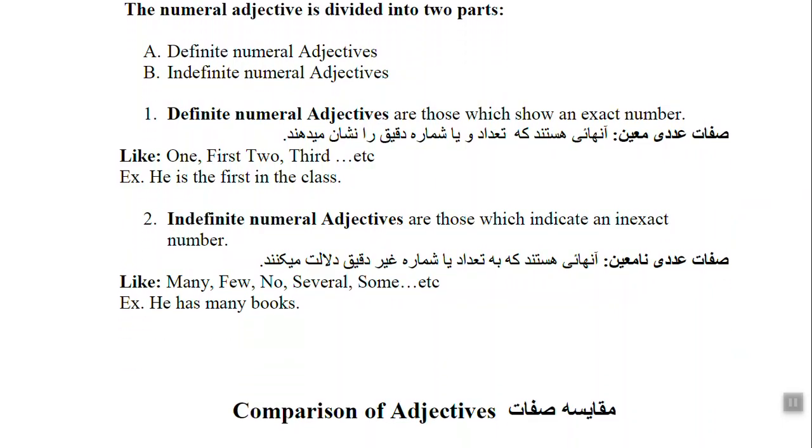Definite numeral adjectives are divided into three parts. For example, cardinal numbers, or ordinal numbers, and multiplicative numbers, which we'll learn later.